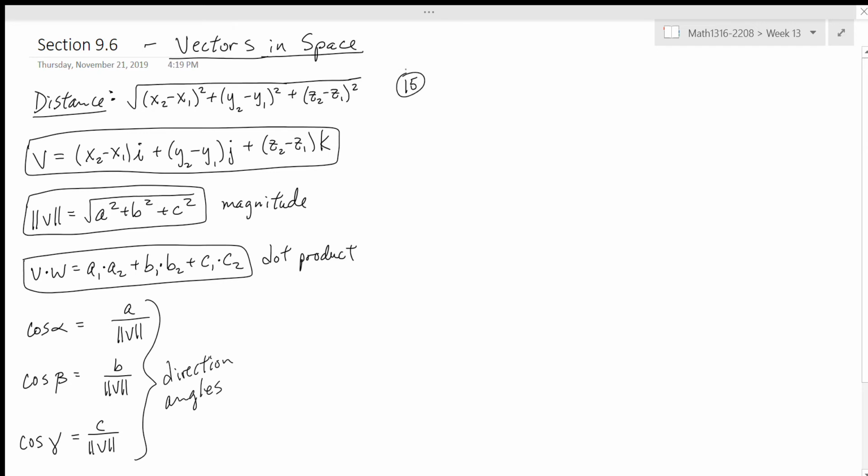Number 15. We've got P1 is the origin, and P2 is 4, 1, and 2. And the instructions say, find the distance from P1 to P2.